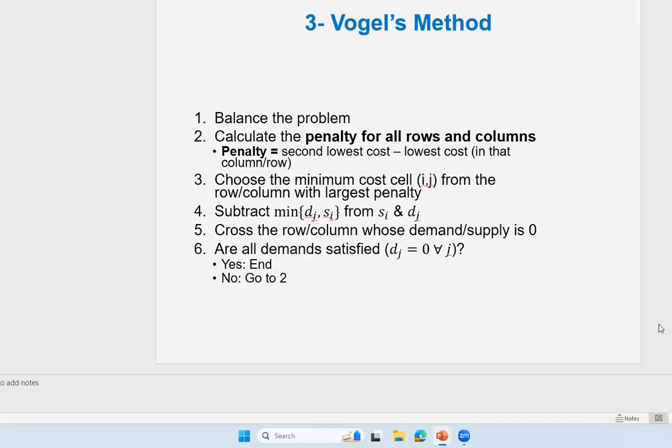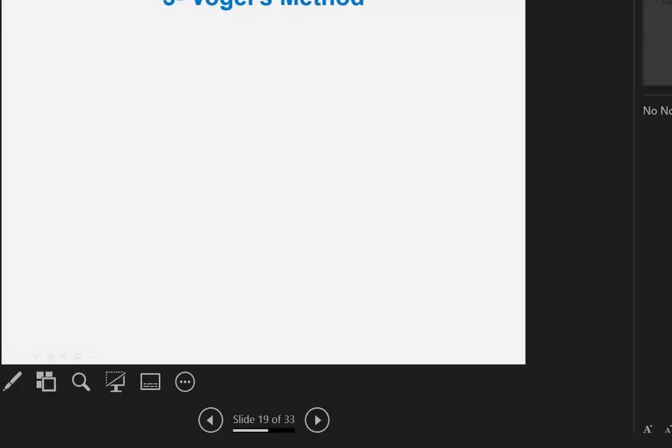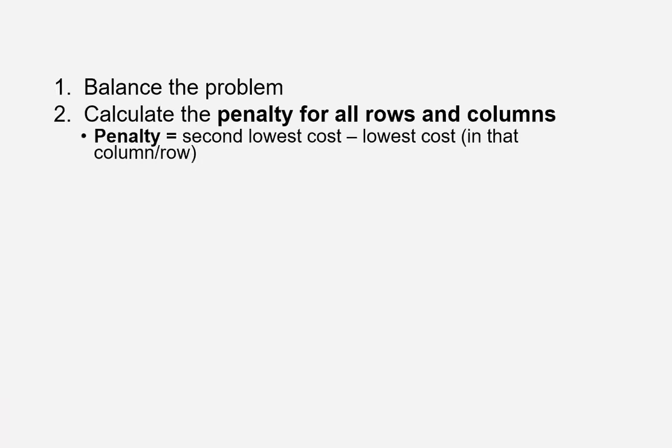Next method is Vogel's, which is more sophisticated, but not that different. Balance the problem, same as before. Calculate a penalty for all rows and columns. So what is that penalty? Second lowest cost minus the lowest cost.